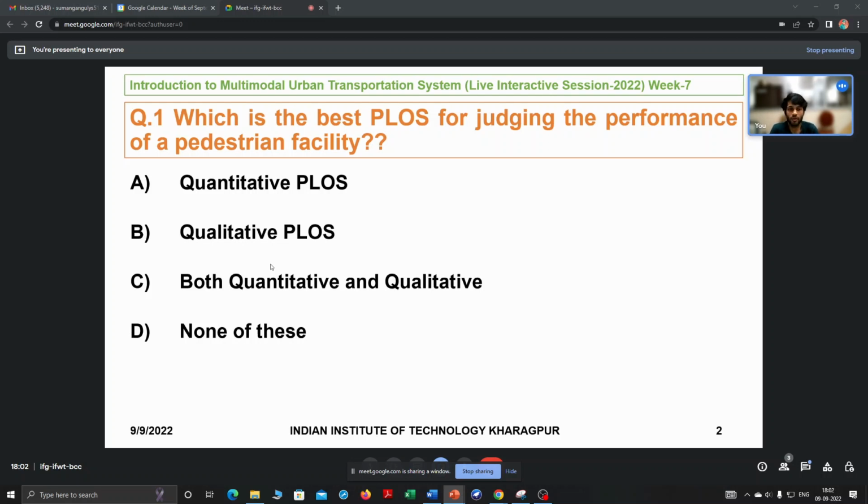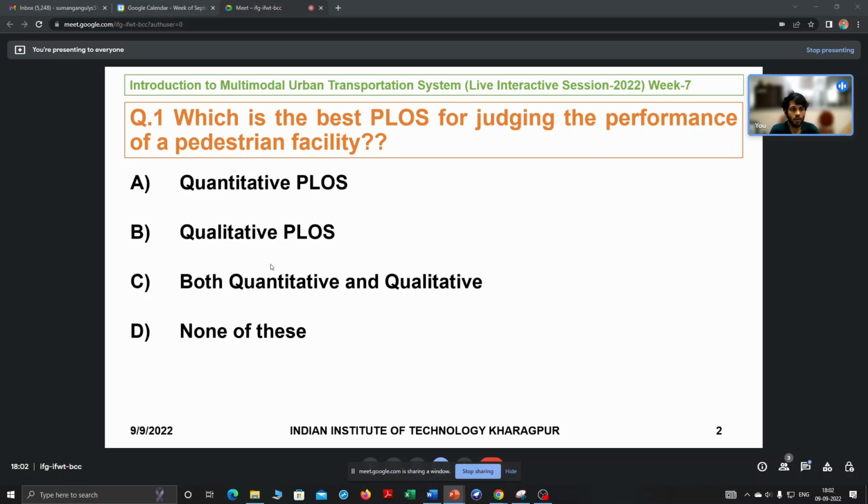Let me first give you a brief recap of the previous week. Previous week we calculated a quantitative level of service for a pedestrian facility based on the Indian Highway Capacity Manual.